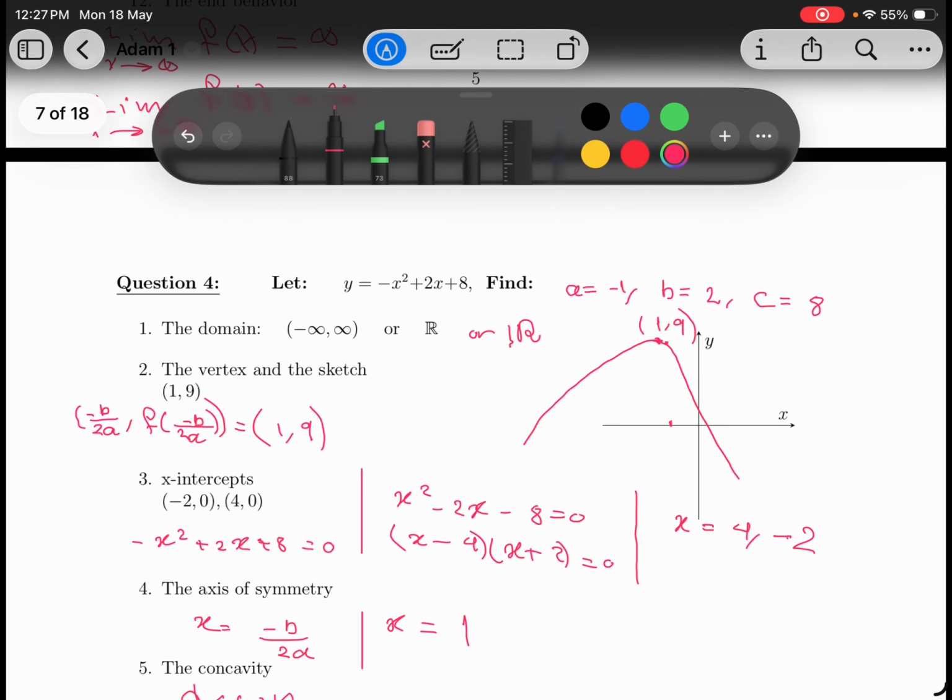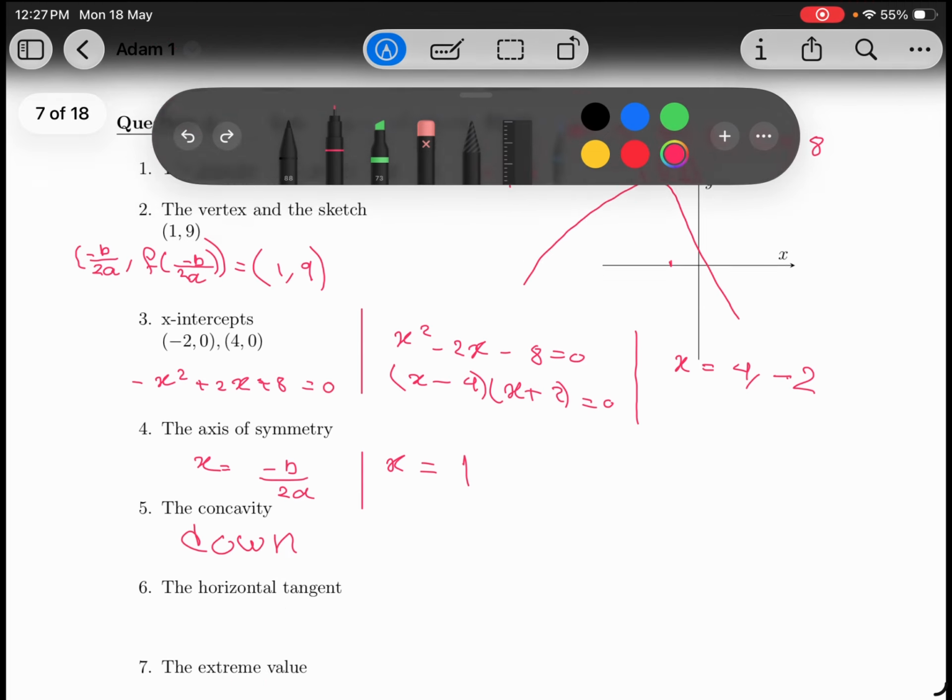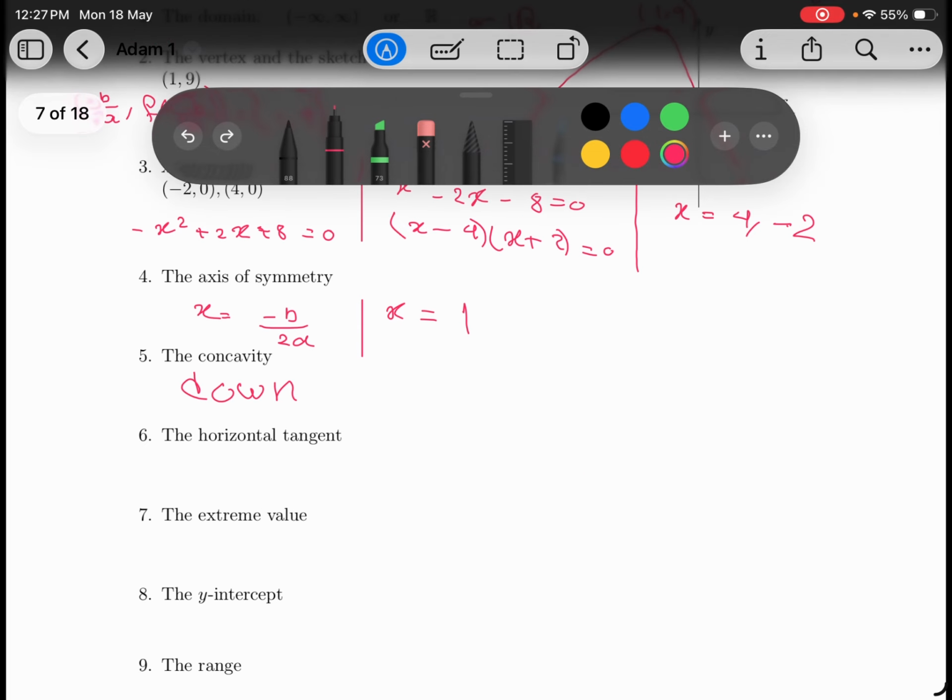The only horizontal tangent line is this one, and obviously this tangent passes through the point 1 and 9, so it will be y equals 9, which is the y-coordinate of the vertex. And here, guys, what is very special about this tangent line, it's horizontal, parallel to the x-axis, its slope is 0, unchangeable.